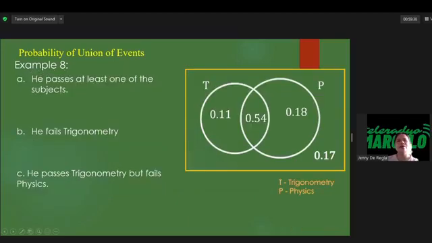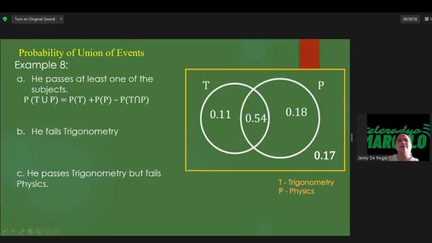Passes at least one of the subjects. So compute the probability of passing the subject trigonometry union passing the subject physics.